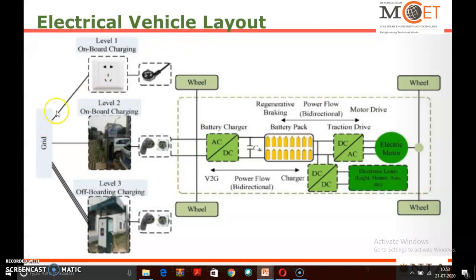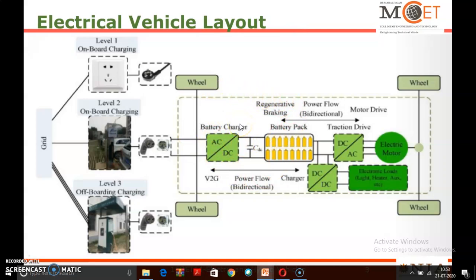So we know that this is the grid system and this is the electric vehicle drive system. This electric grid system will act as a source to the electric vehicle drive system whenever the electric grid supplies the electric power to the electric drive systems.